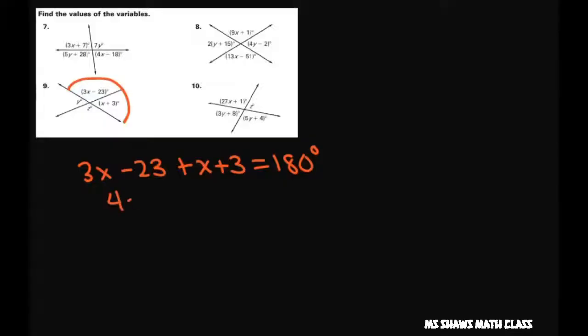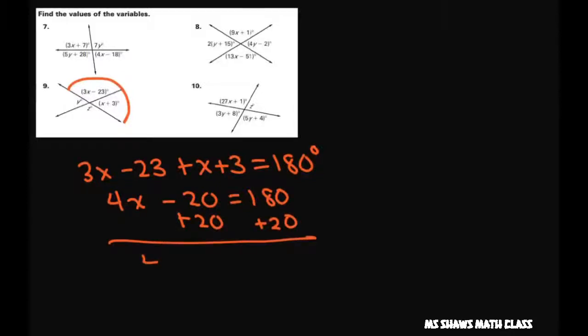So you get 4x minus 20 equals 180. Add 20 to both sides of the equation. So you get 4x equals 200. Therefore, x is 50.